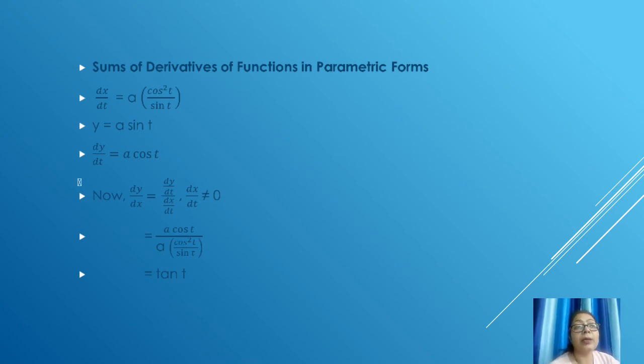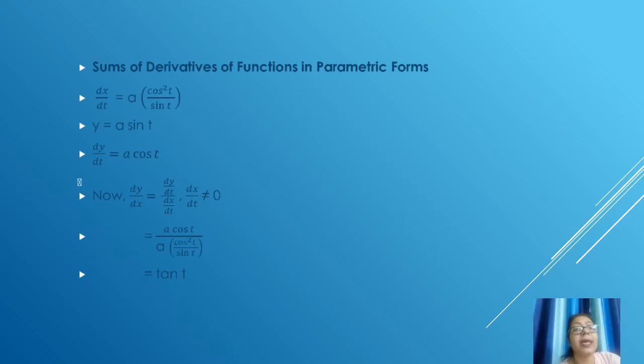Now using dy dx equal to dy dt by dx dt, so a cos t by a into cos square t by sin t. After calculation, a will be cancelled, one cos t and cos t will be cancelled from the denominator, and it will be tan t, that is the answer.